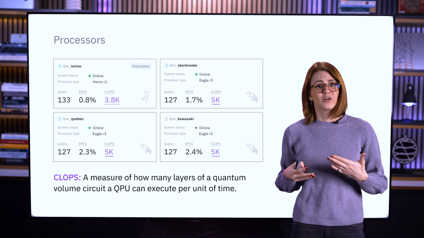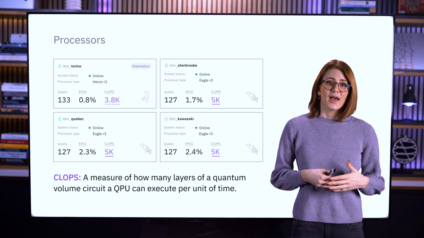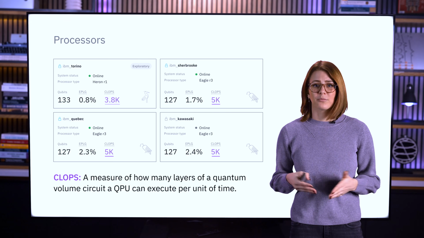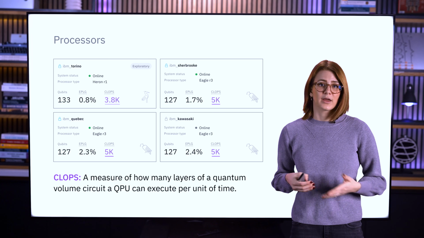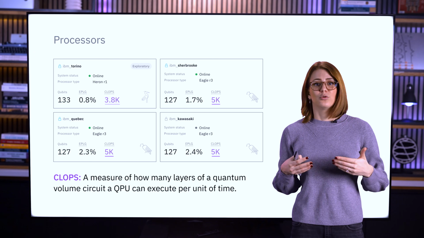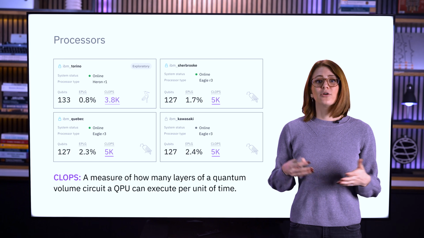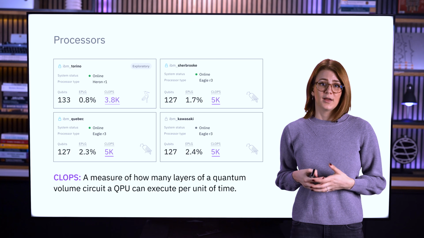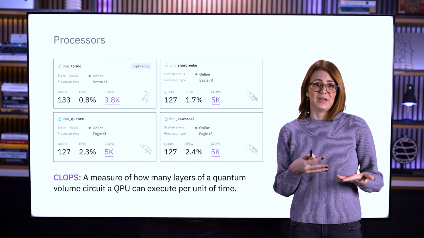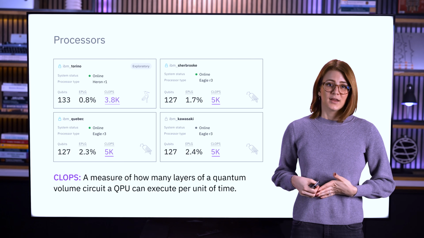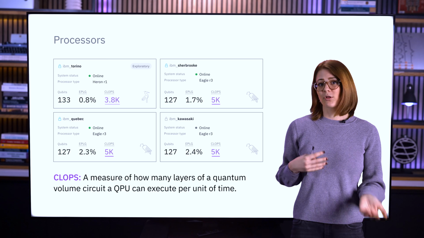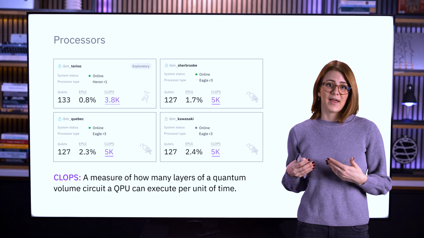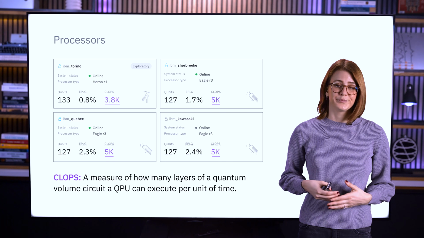CLOPS stands for circuit layer operations per second, and it measures how many layers of a quantum volume circuit, which is a virtual circuit, a QPU can execute per unit time. The higher the number, the faster we can compute. This is equivalent to what FLOPS means in classical computing. Now, these different metrics may be more or less important depending on the specific application area that you're interested in.